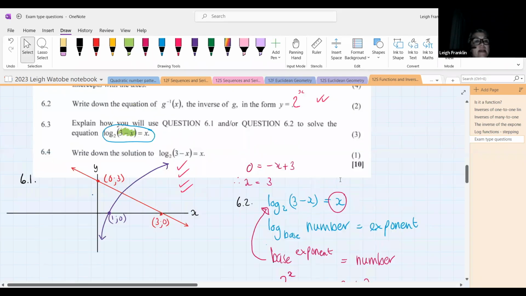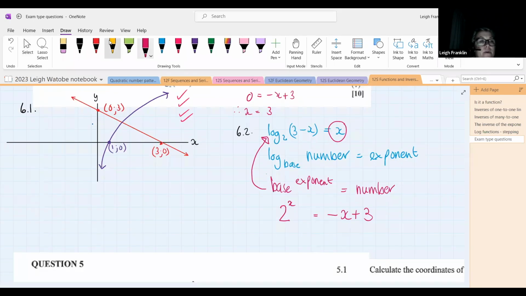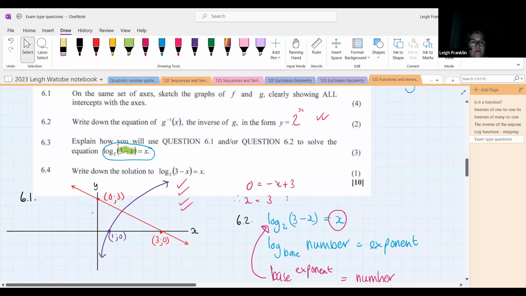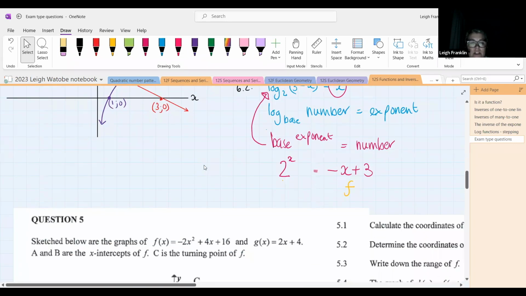Minus x plus 3 is the graph of f. Okay, so this is f. What's this graph over here, 2 to the x? It's g to the minus 1, isn't it? It's the inverse of g.